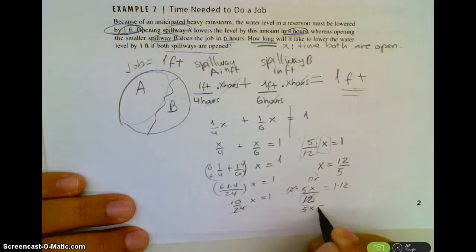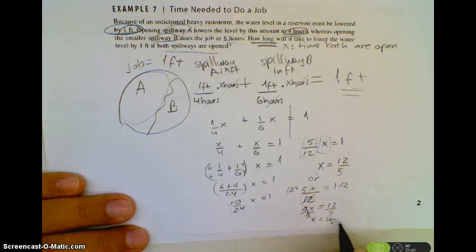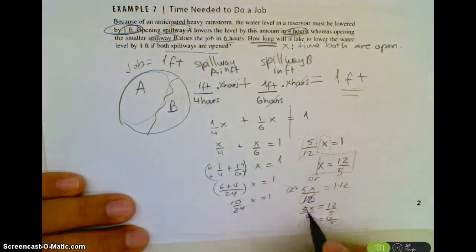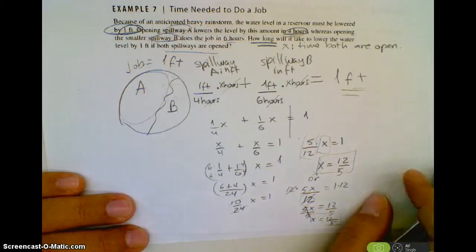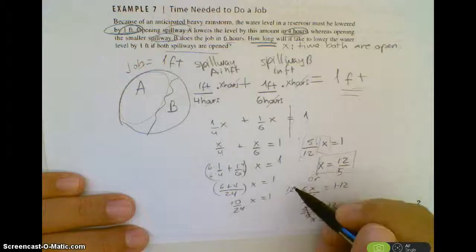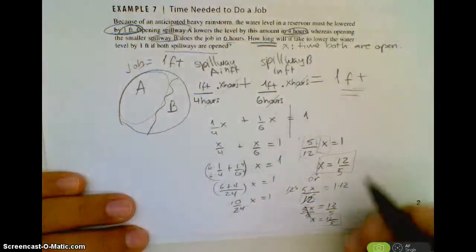So I have 5x equals 12. And then how do I get rid of the 5 that is multiplying? By dividing. So x equals 12/5. So you see, you get the same answer by thinking or by doing it step by step. Either way, it's fine. I'd rather you just reason this, but if you don't, that's fine.